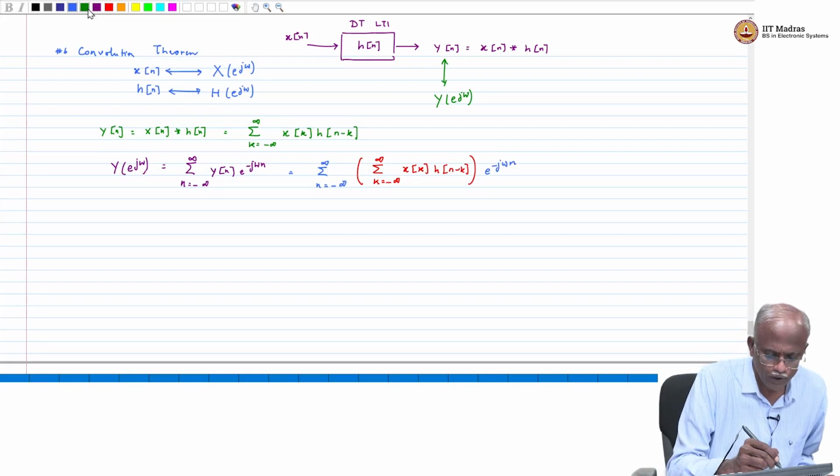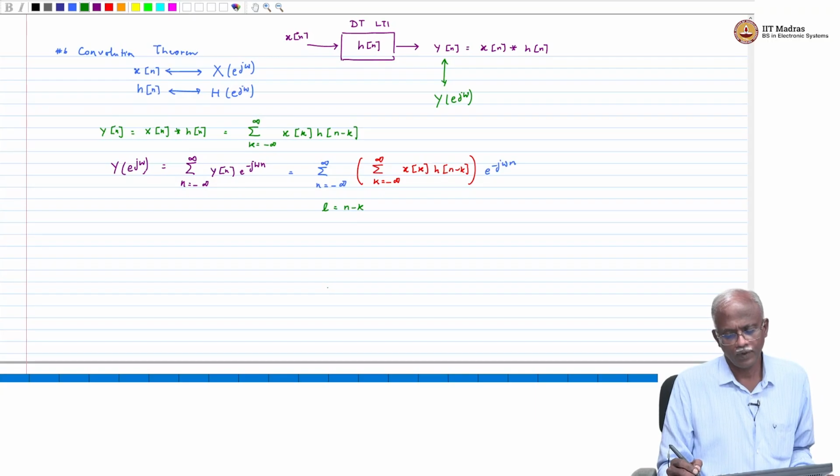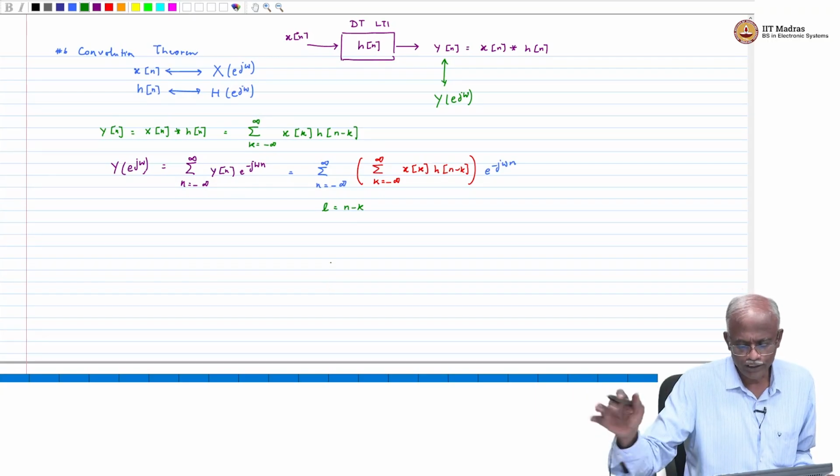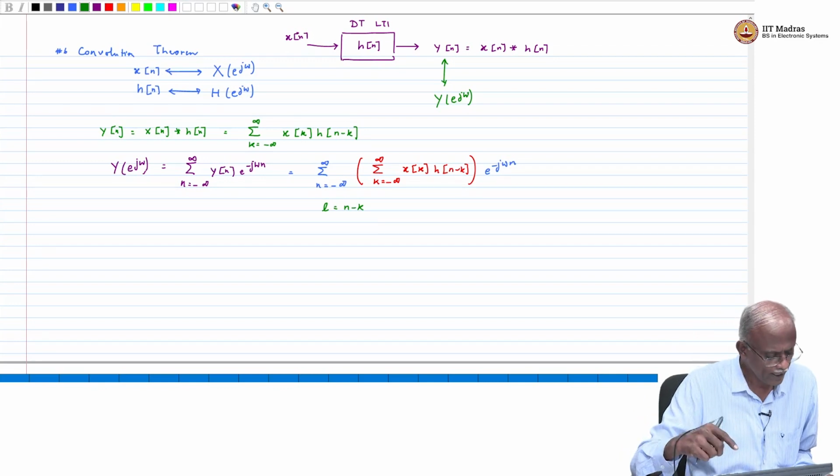Now, I am going to do a simple change of variable: L is equal to n minus k. If you think of k as a constant, when n goes from minus infinity to infinity, L will also go from minus infinity to infinity.